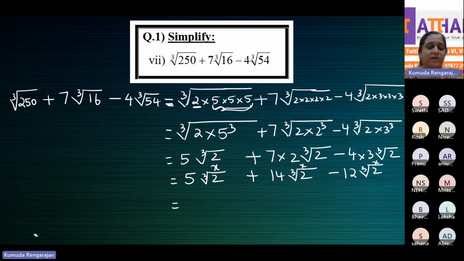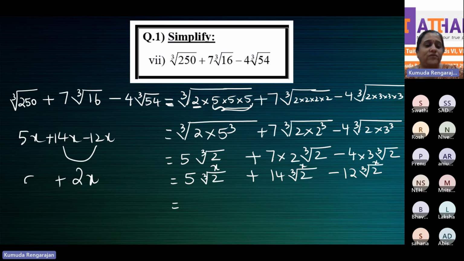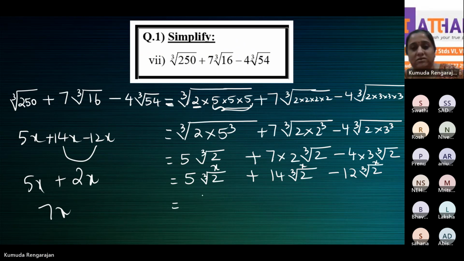Now, what is 5x plus 14x minus 12x? 14x minus 12x is 2x, and 2x plus 5x is 7x. Not 17, but 7.